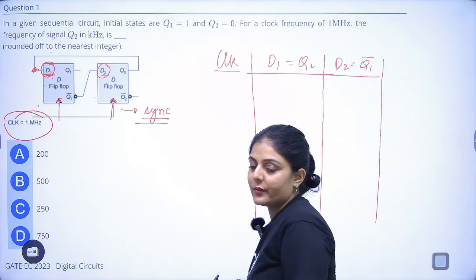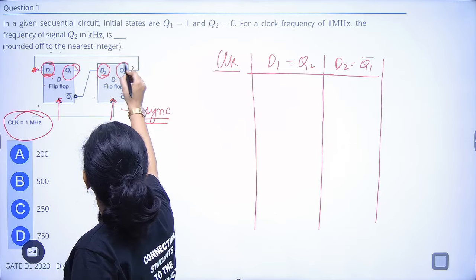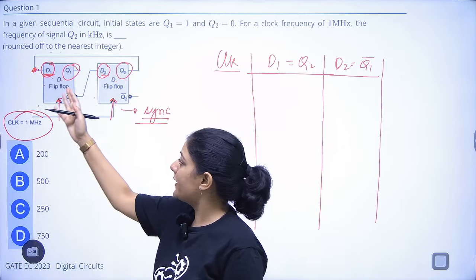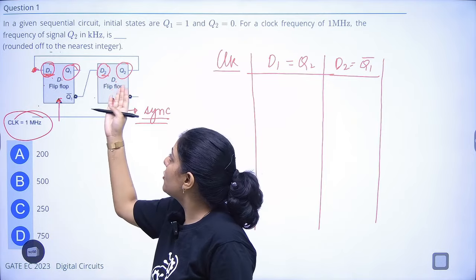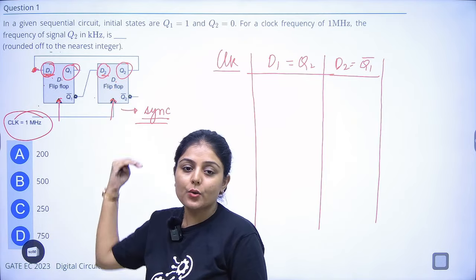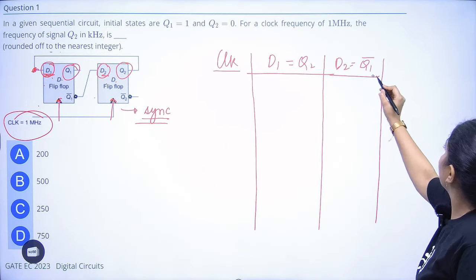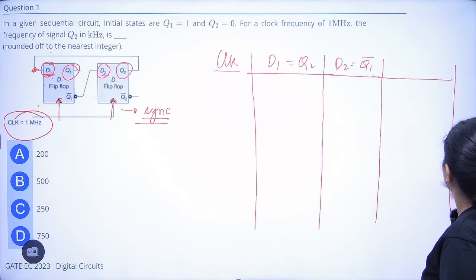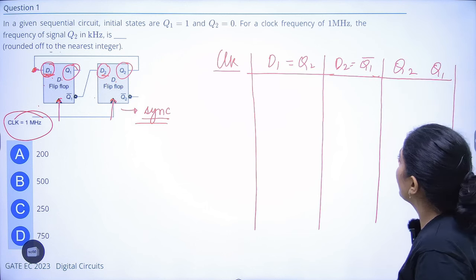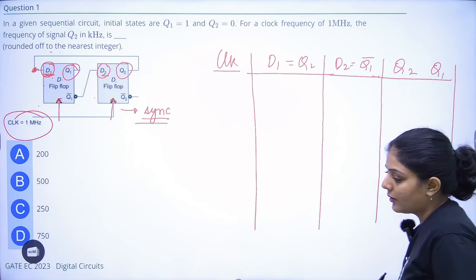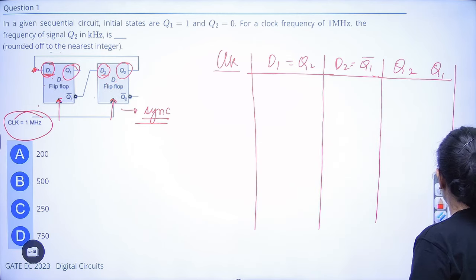And of course, we'll talk about the outputs, which are Q1 and Q2. Here Q1 is the output and Q1 bar is the complement of that output. Similarly, Q2 is the output of the D flip-flop and Q2 bar is the complement of that particular output, right? Let's just write in terms of Q1 and Q2 only.